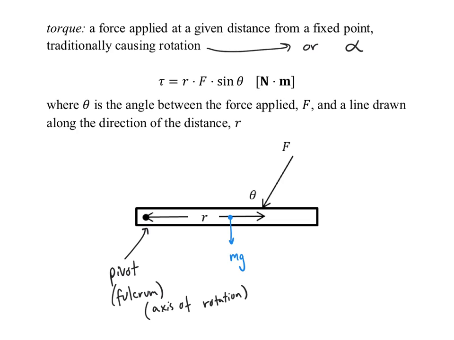But maybe it's not at the center, right? Maybe this half of the rod is all metal, and this part of the rod is all made out of wood. Well, if that's the case, then the center of mass will not be directly in the center of the geometric object itself. Okay, but that's not what we're really focusing on too much in this section. We're more focused on what happens if we have applied forces.